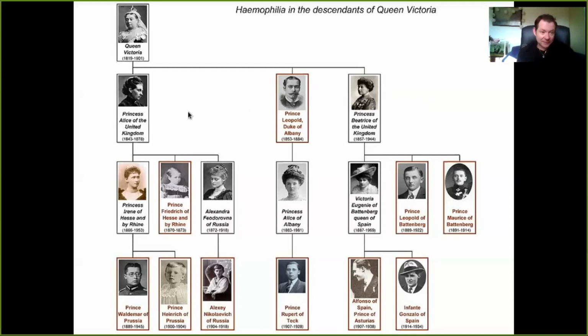So as you can see, Princess Alice, she carried this faulty gene, Prince Leopold, and Princess Beatrice, and they all passed this mutated hemophilia causing gene through several lineages. And as a result of that, males in the royal lineage were more likely to develop hemophilia.